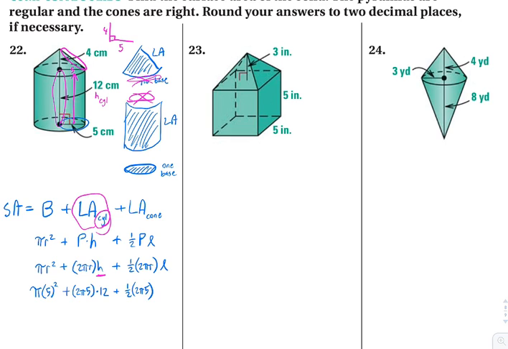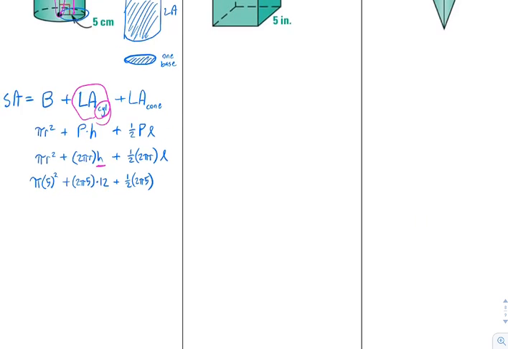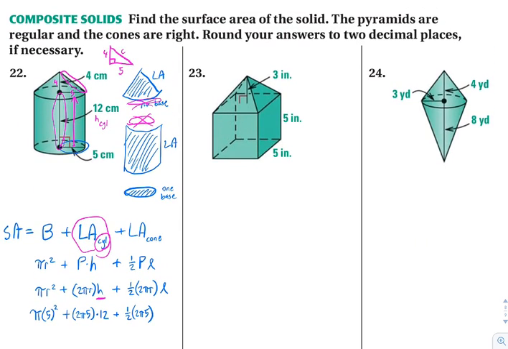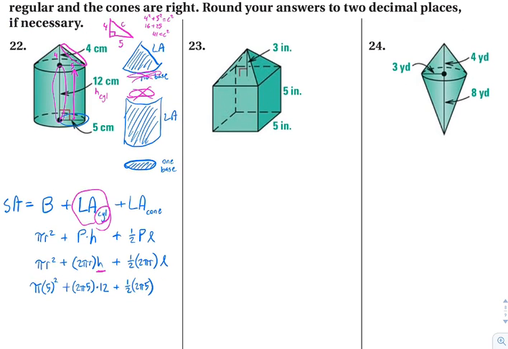So this is a 5 here, and a 4 here. So Pythagorean Theorem can get me this missing side. So I've got, well, I don't really have room down there, but I've got 4 squared plus 5 squared equals c squared. That's 16 and 25, or 41. So I've got a slant height of square root of 41.